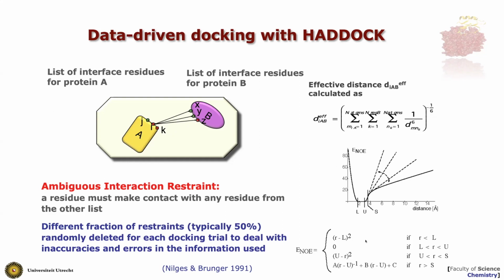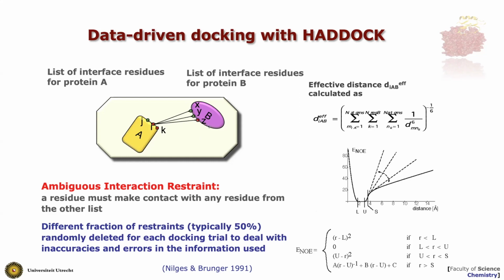That gives you one distance which enters this energy function. The property of that distance is that it's always shorter than the shortest distance that enters the sum, meaning that it doesn't matter which contacts are being made. If there is a rather short distance among the plethora of individual distances that you calculate, you are most likely to be in the region of your energy function which is 0, so you will be satisfying your distance restraints.